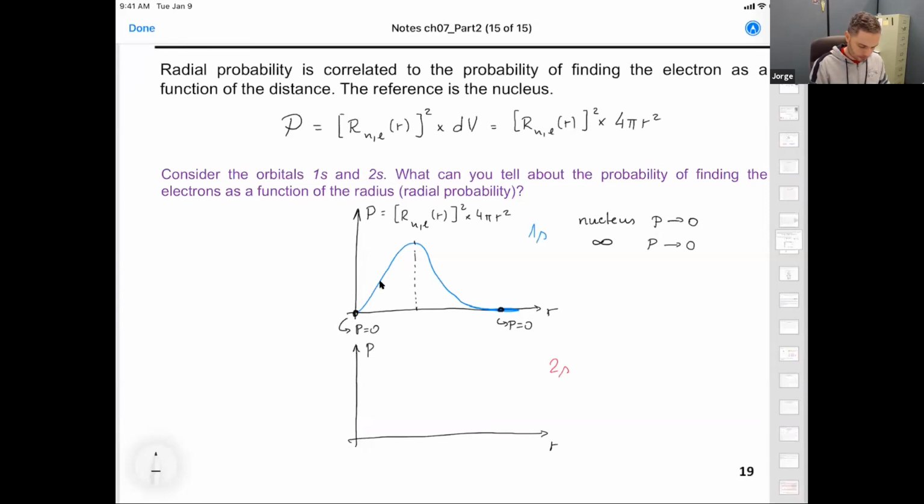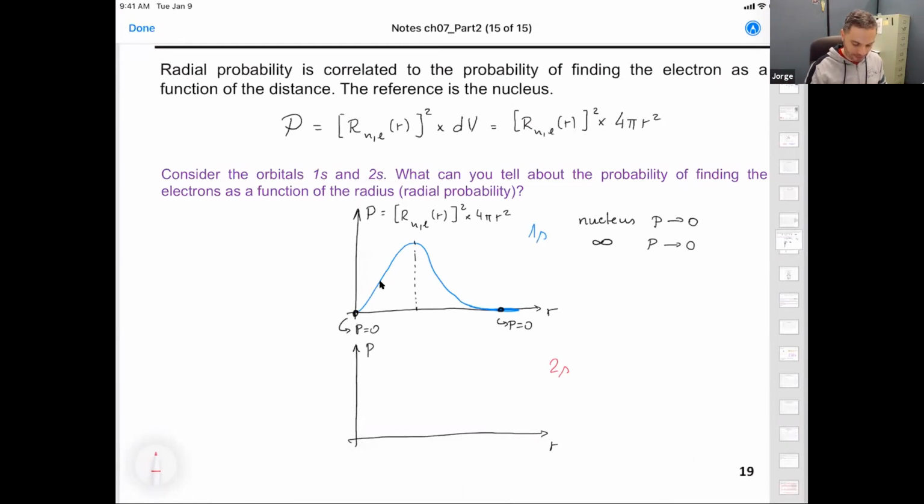Okay, now let's try to draw the probability for the 2s orbital compared with the 1s orbital. First thing, because it's the second shell, it's more likely to be found after the first shell.